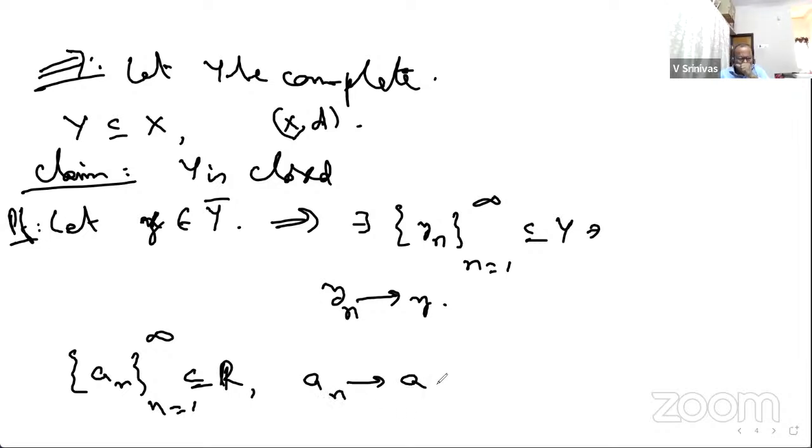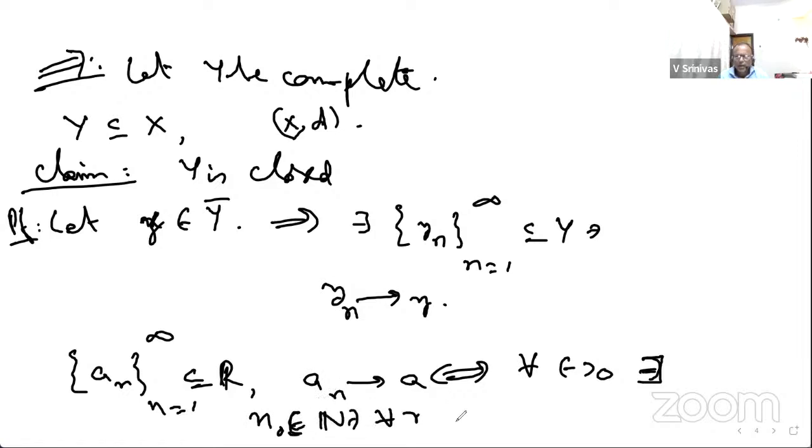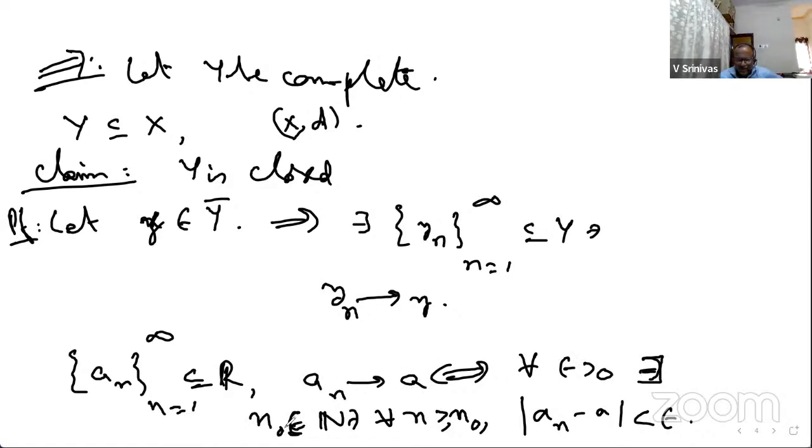It is defined by this statement: for every epsilon positive, there exists a natural number n naught such that for all n greater than or equal to n naught, the distance between An and A can be made less than epsilon. When this statement is true, we say that the sequence An converges to A.